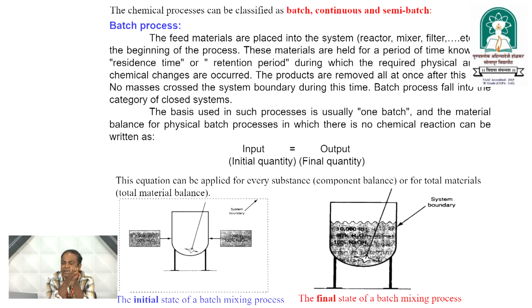So we know what a batch process is. In a batch process, suppose you take any kind of reactor or unit operation into consideration. In the reactor, chemicals are allowed to enter. Once they have entered the system, a certain process goes on, a chemical reaction takes place between the various ingredients that have been added into the system.